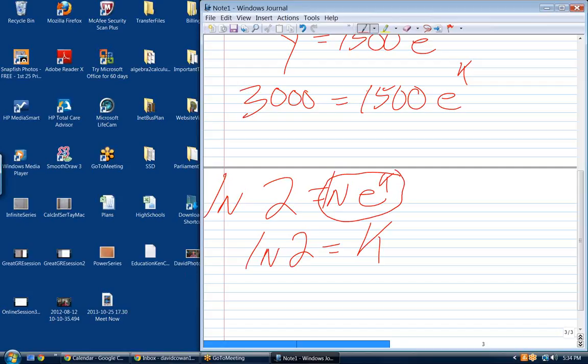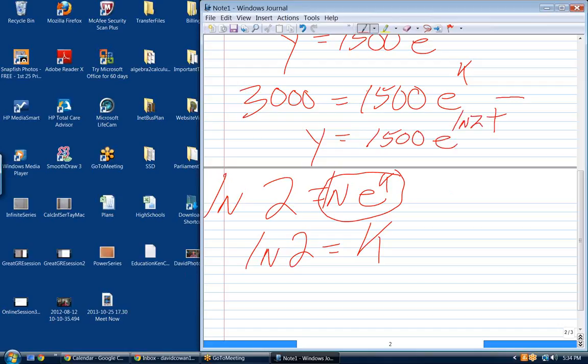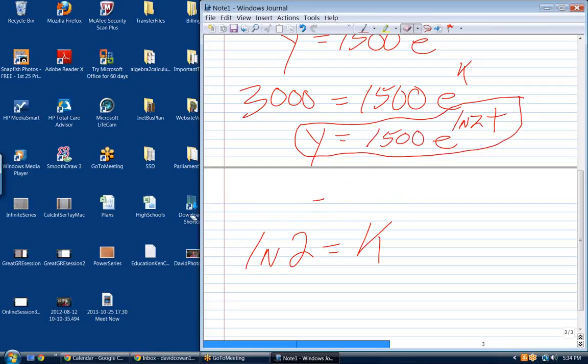Then y equals 1,500 e to the natural log of 2 times t. So there is our specific equation for this bacteria culture. Now what's their question? It's just plug 24 in. In other words, how much bacteria is there after 24 hours?